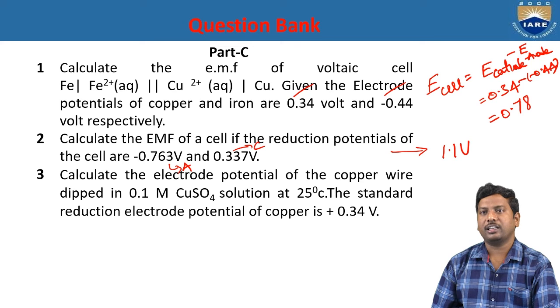Okay, and calculate the electrode potential of the copper wire dipped in 0.1 molar copper sulfate solution at 25 degrees centigrade, and the standard reduction electrode potential of copper is 0.34 volts.